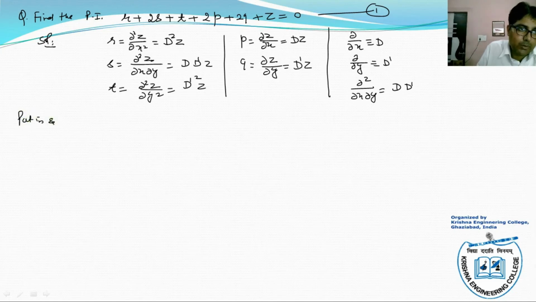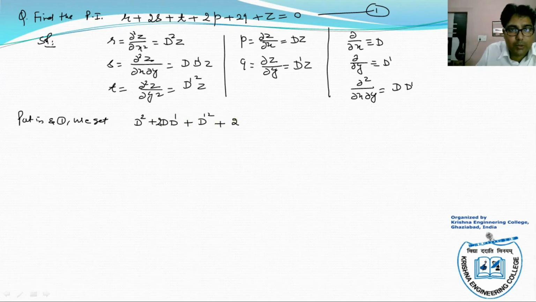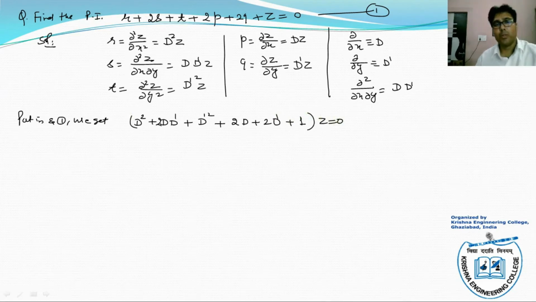We get, and take the z as common, so this equation becomes D square plus 2D D dash plus D dash square plus 2D plus 2D dash plus 1, z is equal to 0.